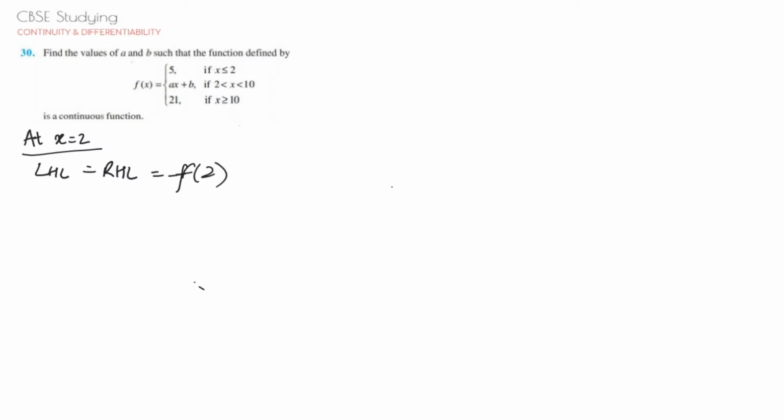So now what are we going to do again? If it is LHL, we can say that limit x tends to 2 minus f of x is equal to limit x tends to 2 positive f of x equals to f of c.